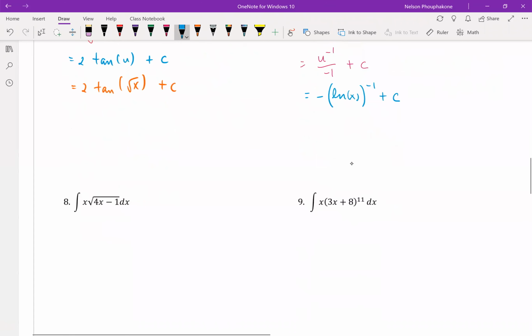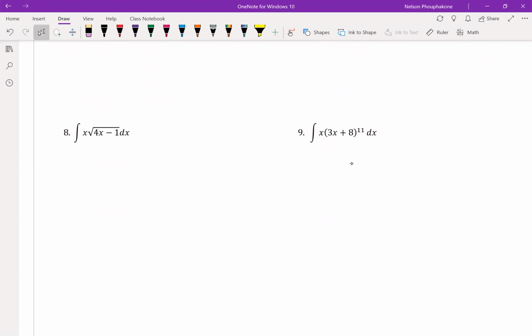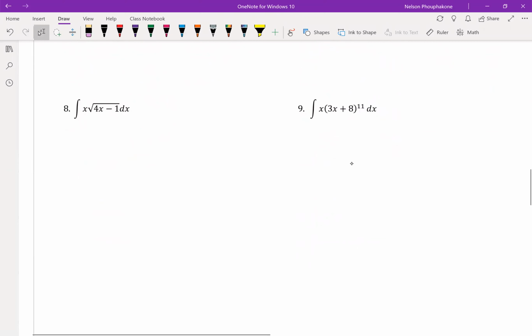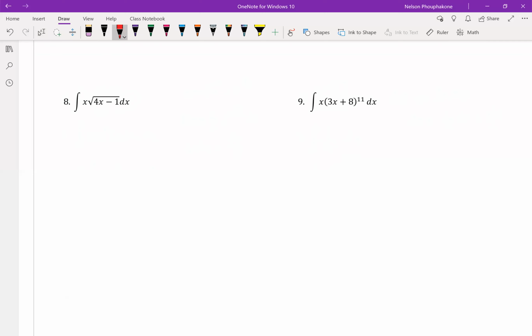Okay, so now the next problem is actually a little bit different. We still use the substitution. Now to this one right here, let's see how we actually do this. First of all, I would like to let u equal to my inner function, 4x minus 1.